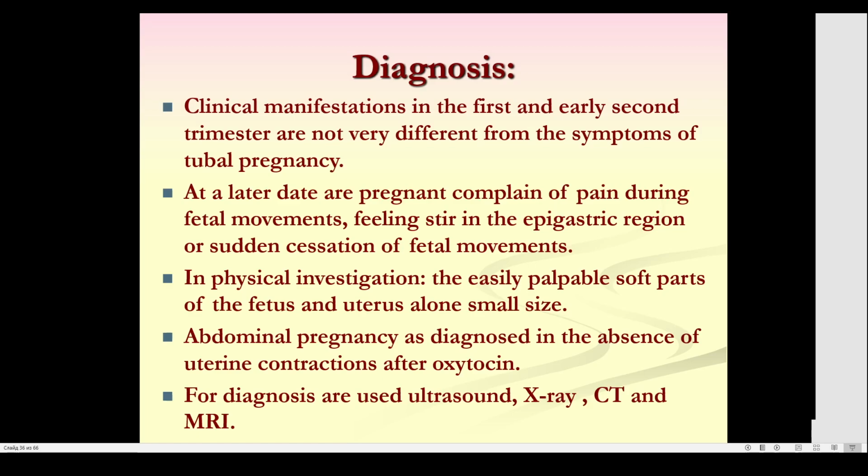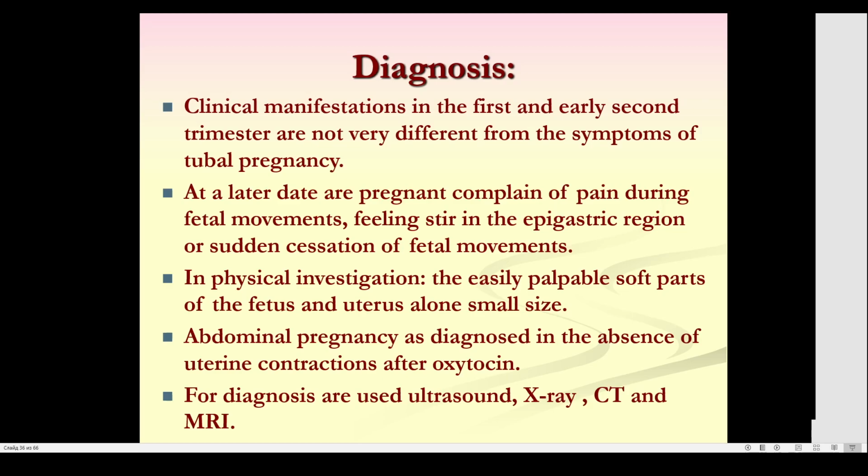At a later date, the pregnant woman complains of pain during fetal movements, a feeling of stirring in the epigastric region or sudden cessation of fetal movements. Of course, in the second trimester of pregnancy. In early term of pregnancy, these clinical signs are absent.